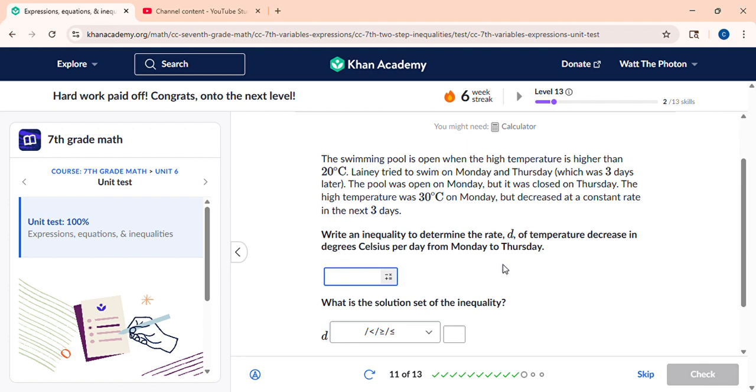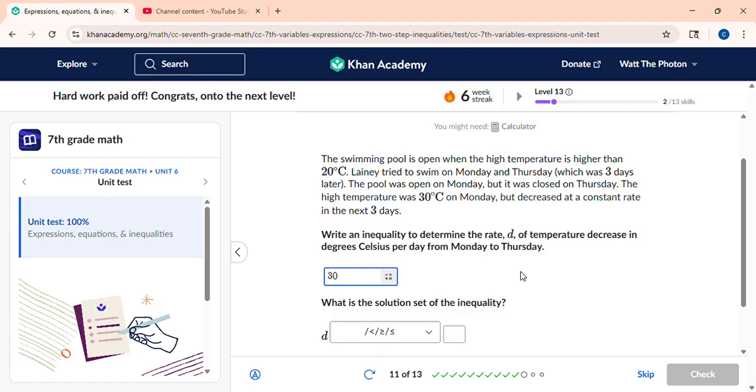Oh, I see what it's saying. So Thursday had to be less than 20 degrees. So the original day was Monday, which is 30. High temperature was 30 degrees on Monday.